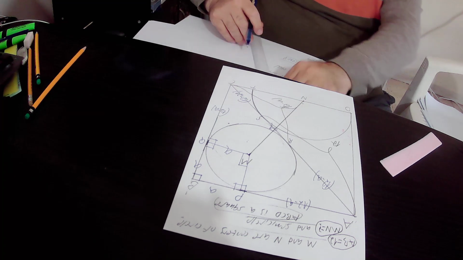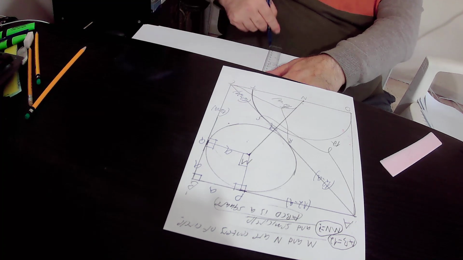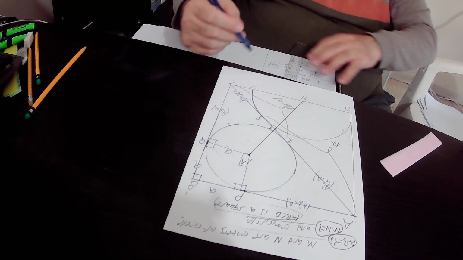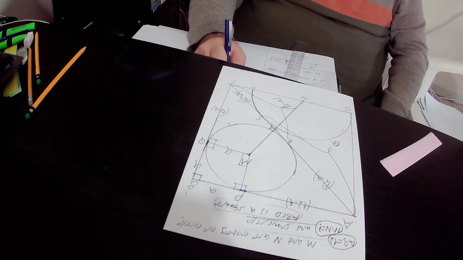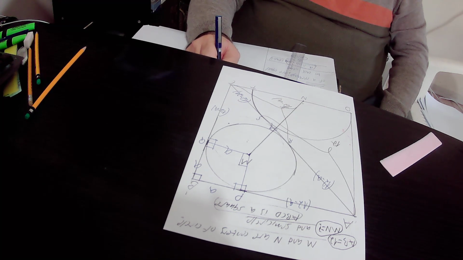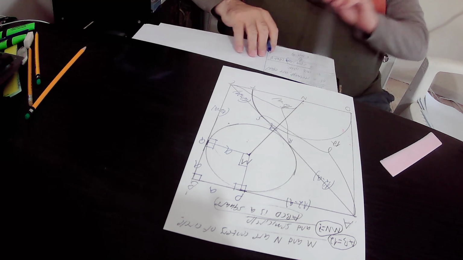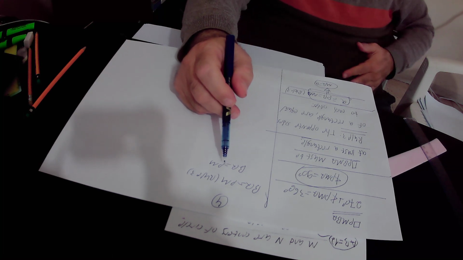Likewise, in quadrilateral PBMQ, according to rule number 3, BQ must be equal to PM. I'll repeat again. According to rule number 3, BQ equals PM.